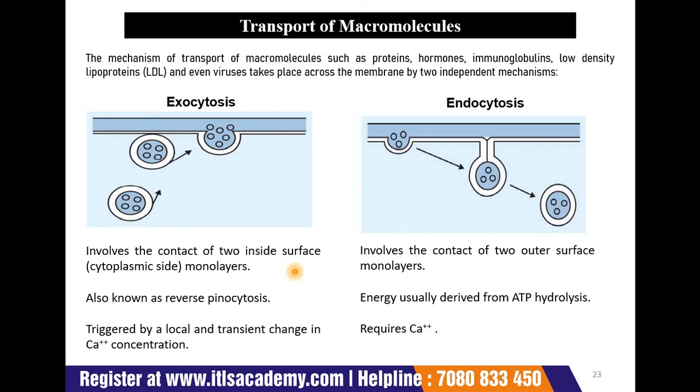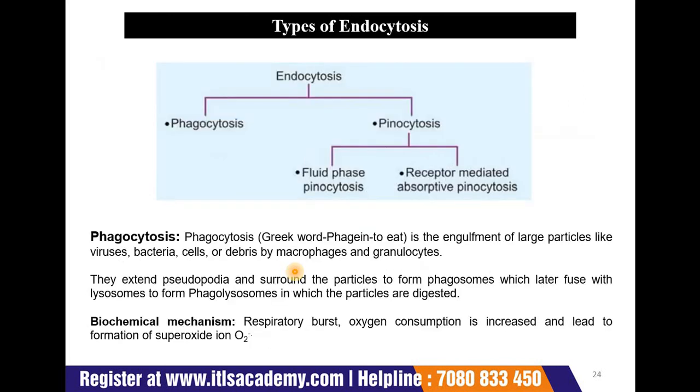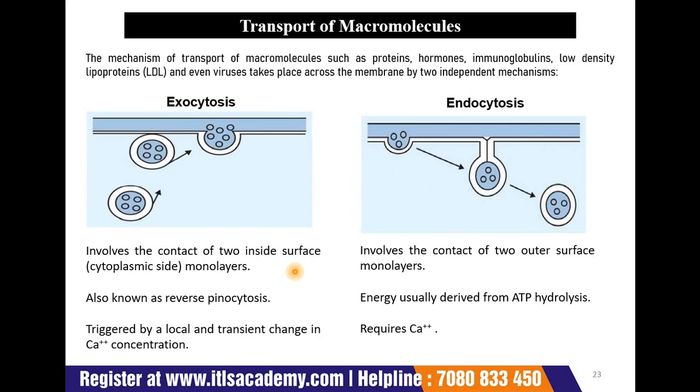Most cells release macromolecules to the exterior using this process called exocytosis. This process is also involved in membrane remodeling, when the components synthesized in the Golgi are carried in the vesicle to the plasma membrane. The movement of the vesicle is basically carried out by cytoplasmic contractile elements in the microtubular system. The mechanism is that the inner membrane of the vesicle fuses with the outer membrane, so the cytoplasmic side of the vesicle fuses with the cytoplasmic side of the plasma membrane.